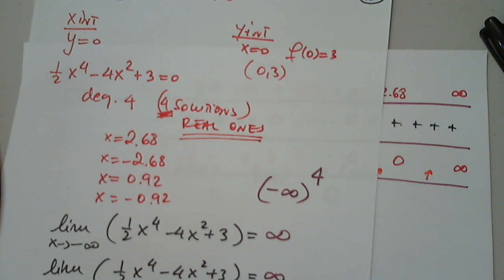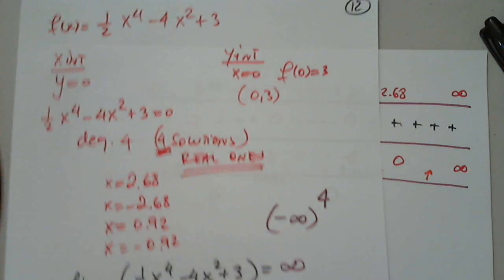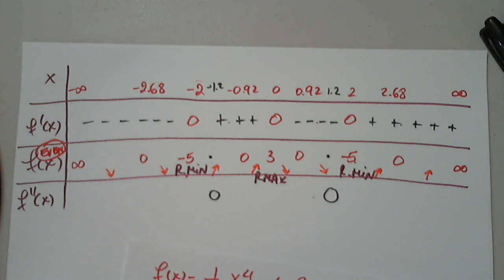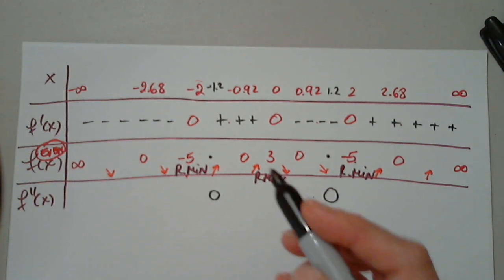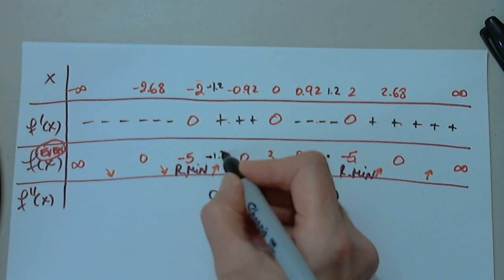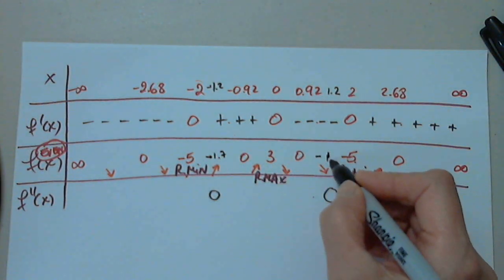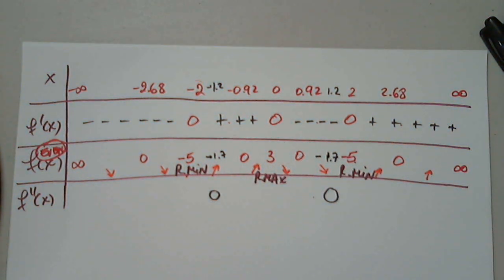Okay, so I only want the function, which is in red, and I only want negative 1.2. And if you try 1.2, you have to get the same answer. Negative 1.72. Negative 1.7 is good enough. So negative 1.7, negative 1.7. Okay.